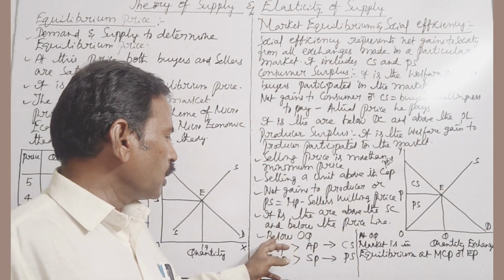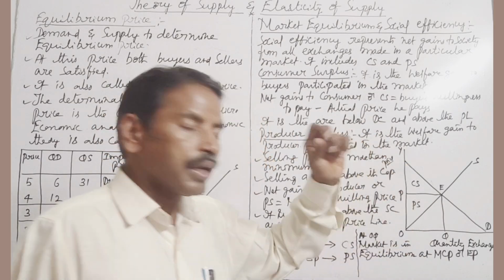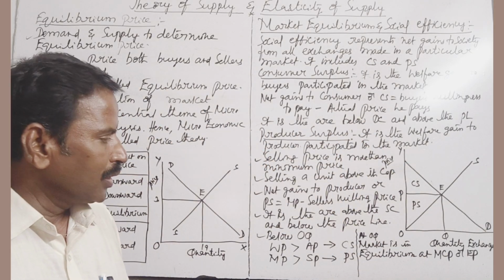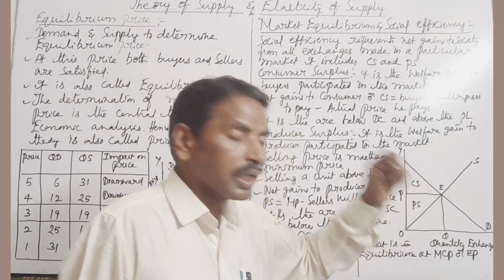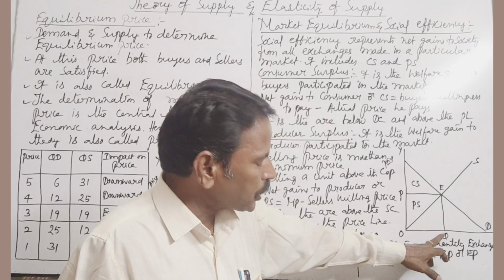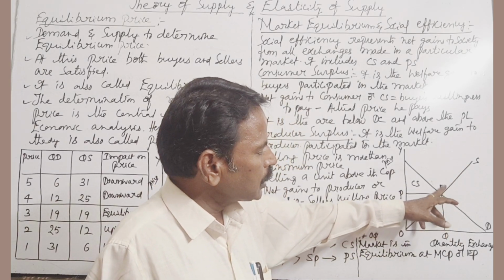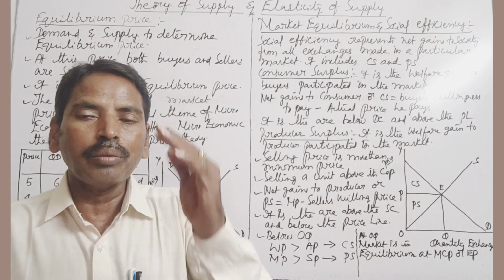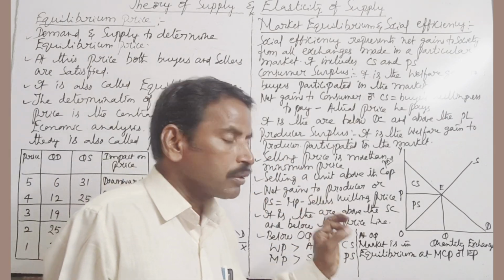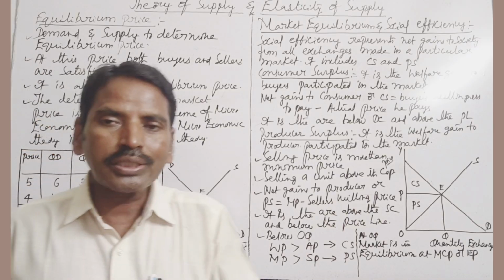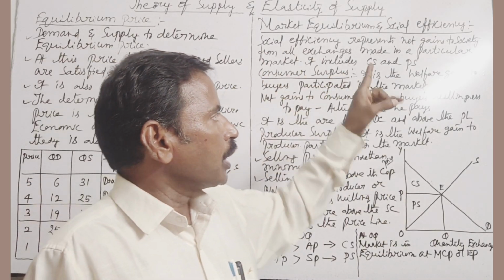Before OQ, there are both consumer surplus and producer surplus. At OQ, the market is in equilibrium at the market clearing price, where demand and supply intersect at point E, the equilibrium point. This is the information regarding market equilibrium and social efficiency.